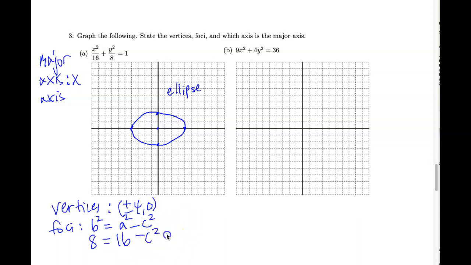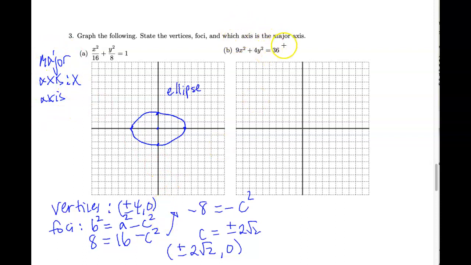When we solve for c squared, we'll end up getting negative 8 equals negative c squared, or c equals plus or minus 2 root 2, or approximately plus or minus 2.3. So the ordered pairs for the foci are plus or minus 2 root 2, comma 0. And then we stated what the major axis is at the beginning.